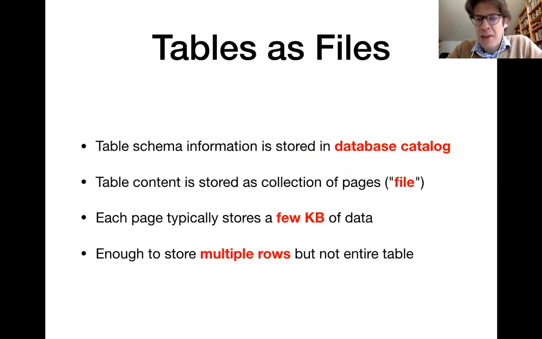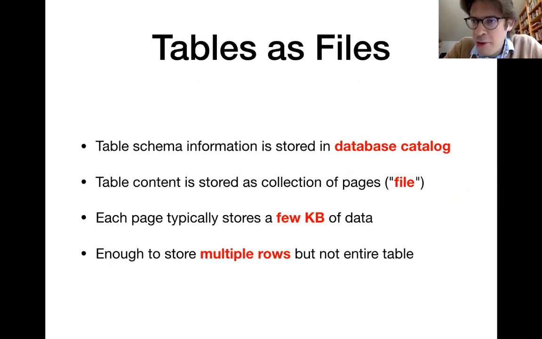All right. So generally, for a given table, there are two things that we want to store. First of all, we have the structure of the table, the schema, meaning the column types and the constraints on the table.